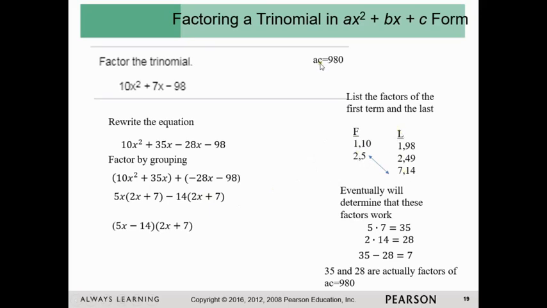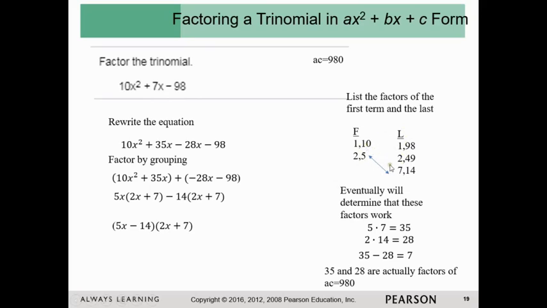You could have just gone ahead and looked at all the factors of AC, knowing that you've got to get a 7. List out the factors of AC that are going to be fairly close to each other. But an alternate way to do this would be to list the factors of the first and last. You've got fewer factors to deal with.